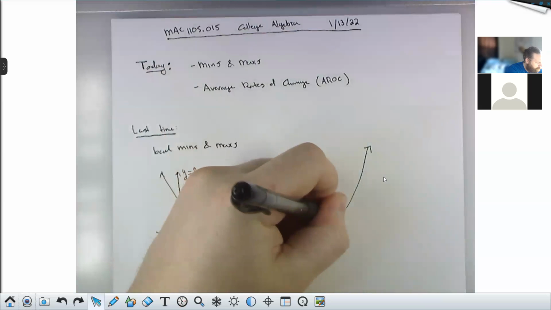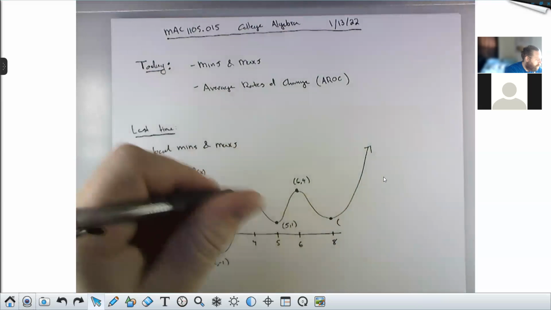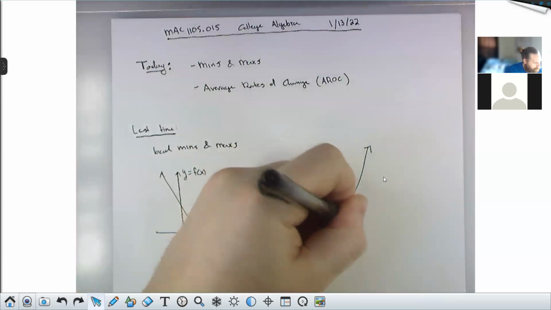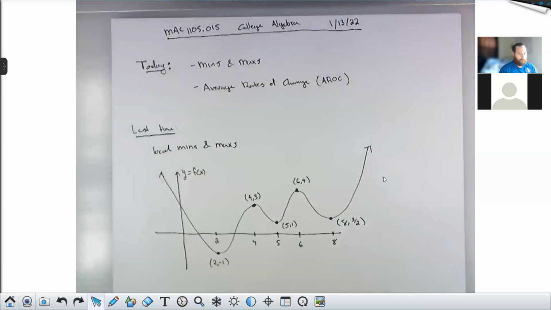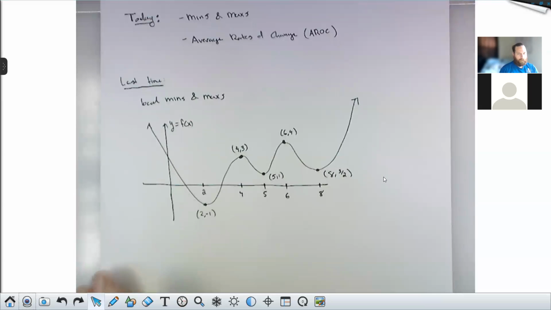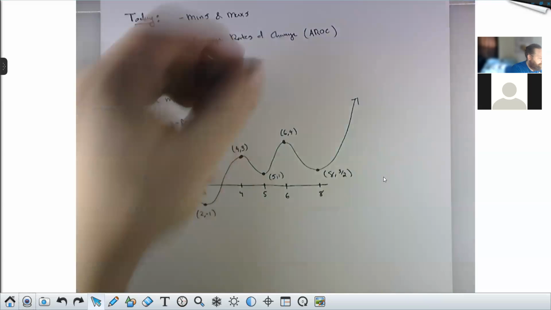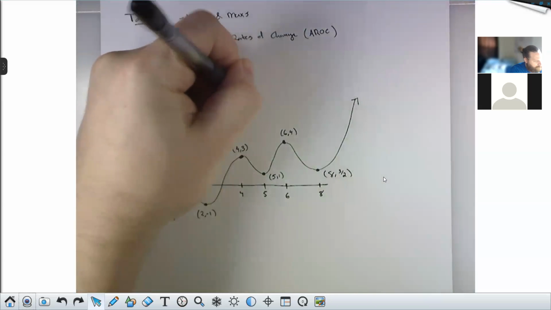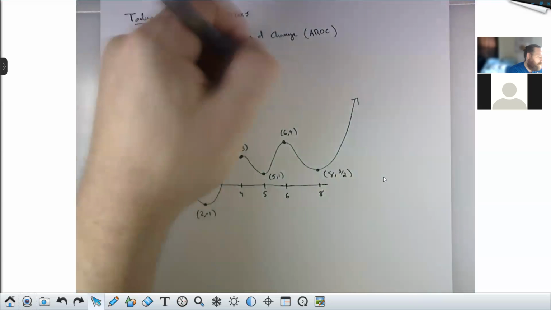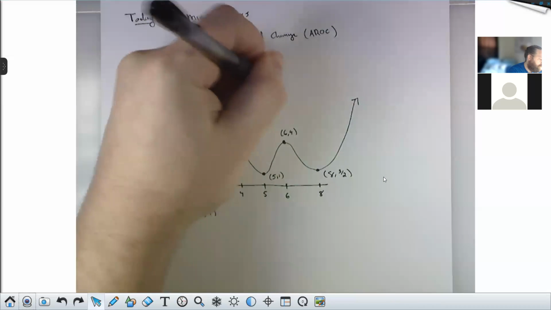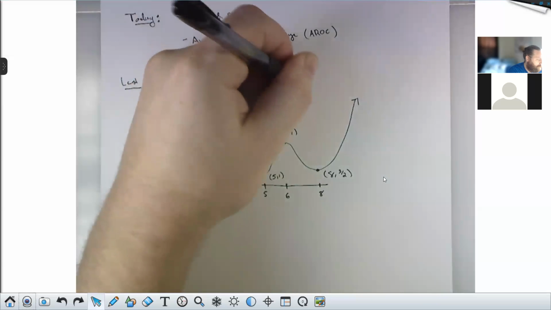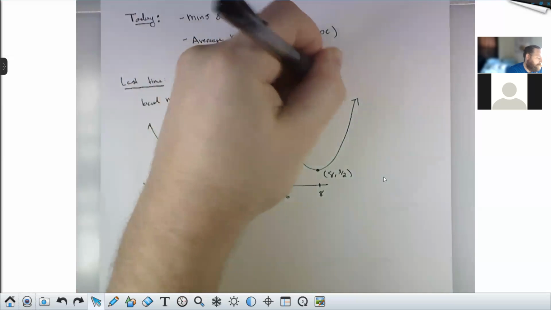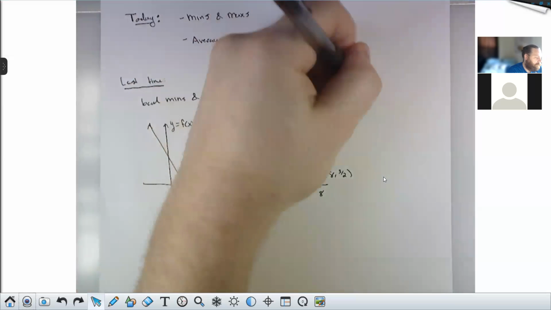And this point right here is (8, 3/2). I want to also discuss global, aka absolute, mins and maxes.